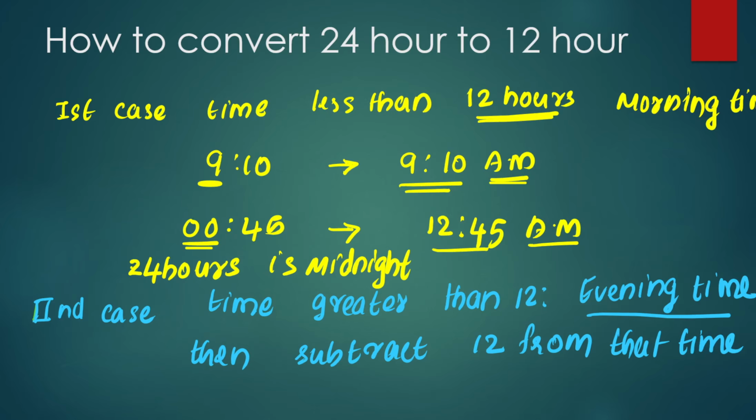For example, 17:20. So 17 is greater than 12. You subtract: 17 minus 12 gives you 5. So 5:20. If the time is greater than 12, you subtract 12 and you put PM there.